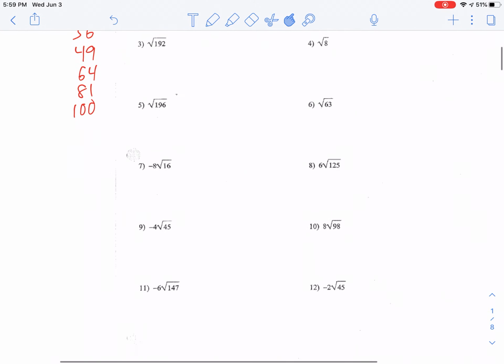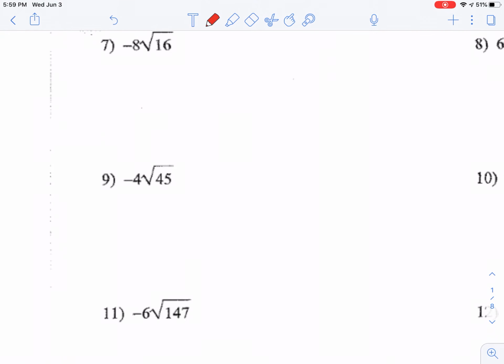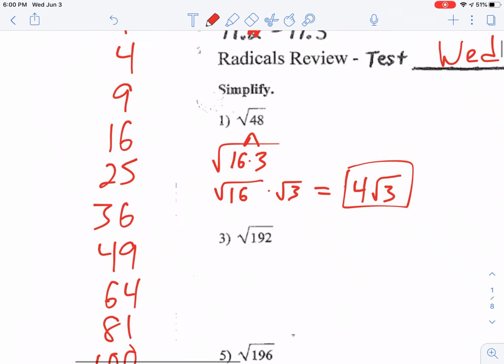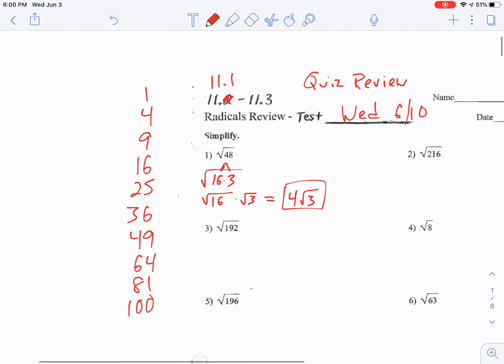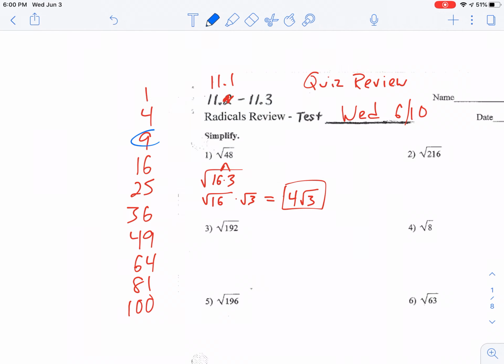Let's do one down here. I'm just going to pick one like number 9, I guess. So now we have a number on the outside of the radical and a number on the inside of the radical. We'll start inside the radical. 45. So what numbers in the perfect square list go into 45? Well, 45 is 9 times 5, right?